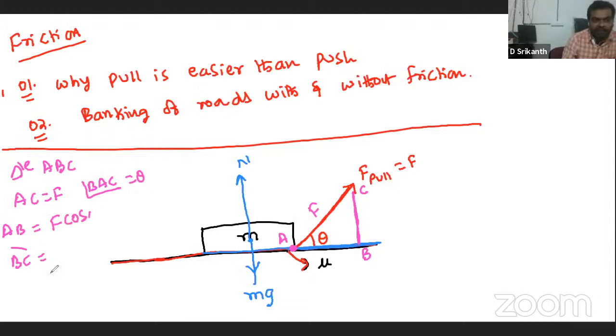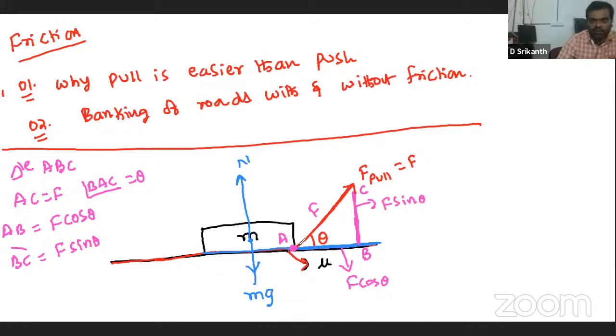BC is opposite to the given angle, so I can write it as F sin theta. So here it is F cos theta, and this one is F sin theta.